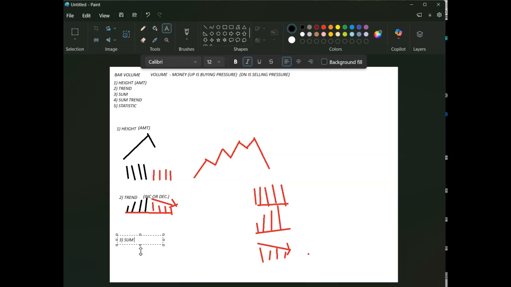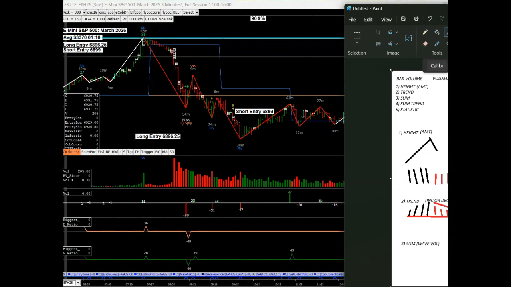All right. Third is the sum. So the sum is just the Weis wave or the wave volume. You need to know this. Because a lot of times the accumulation is done in a way that you won't be able to see it in regular volume. You need wave volume. It will expose the change of behavior. So what they'll do is just have very little bit, but it keeps on going. And I'll show you an example, like right here.